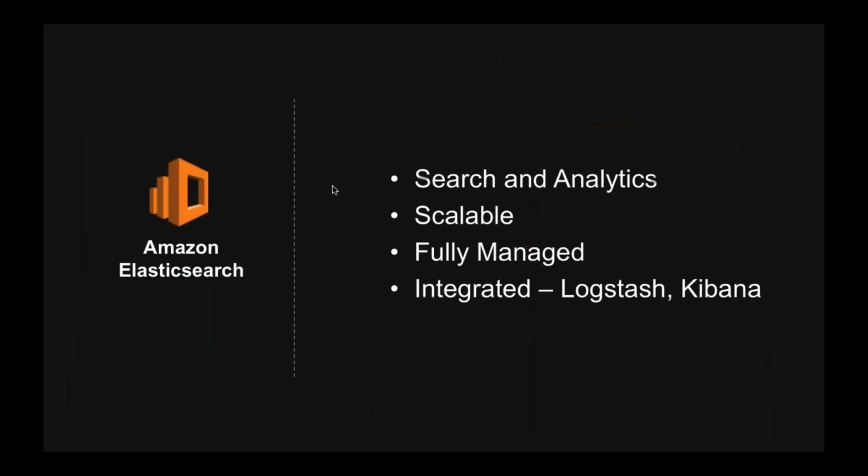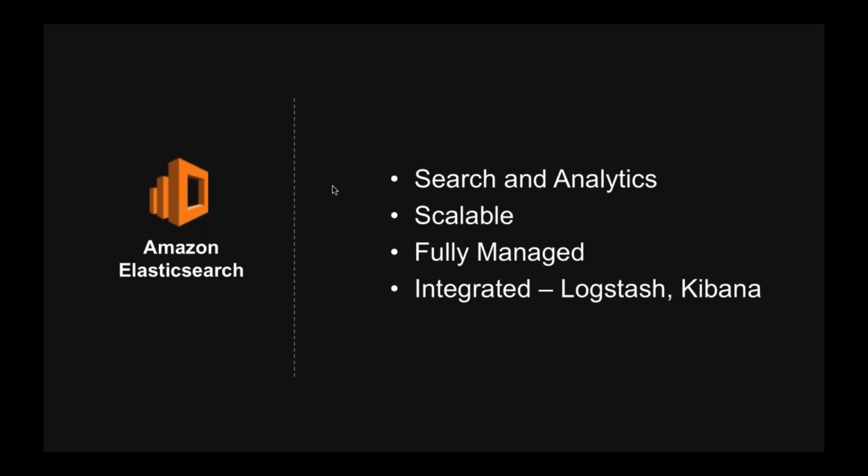So if you're not familiar with Elasticsearch, it's an open source real-time search engine and also analytics platform that's been around for a while, but very, very popular, very scalable. And we found a lot of customers were saying, look, we really love Elasticsearch, but we really don't want to manage the cluster anymore. Can you come out with a managed service? So we did that. So that's what Amazon Elasticsearch is.